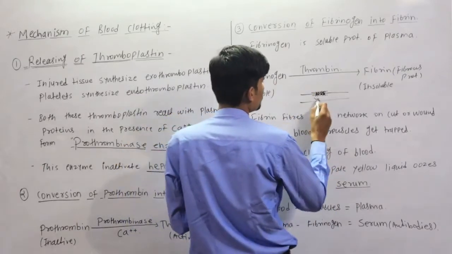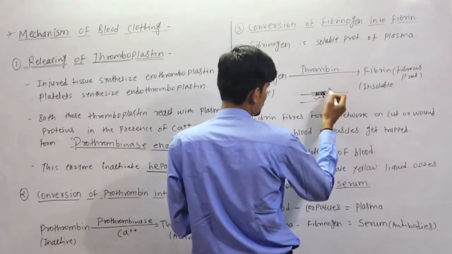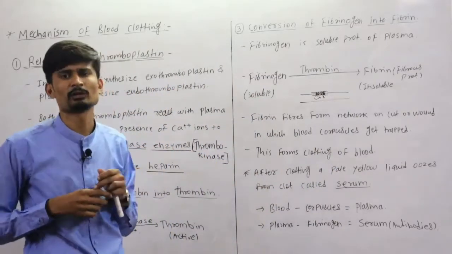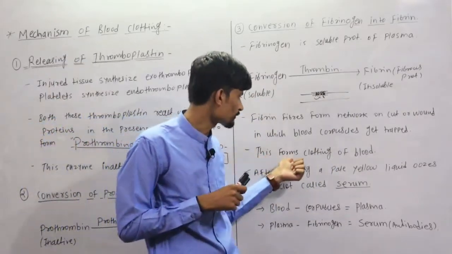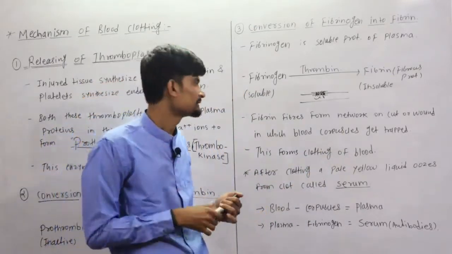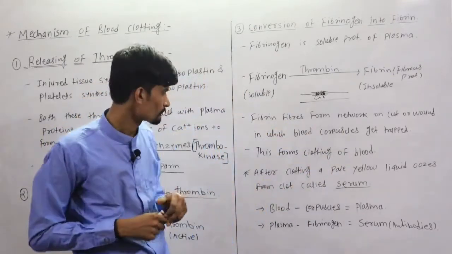So now the bleeding will be prevented. Blood cannot be released outside of the vessel. In this way, that is the mechanism of blood clotting, which forms clots at the injured vessels.